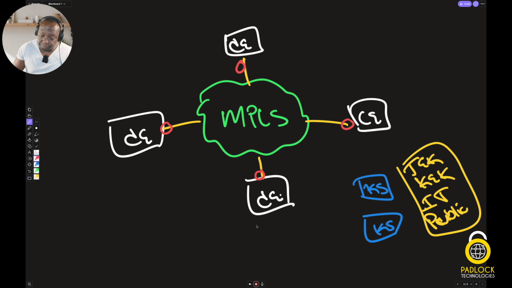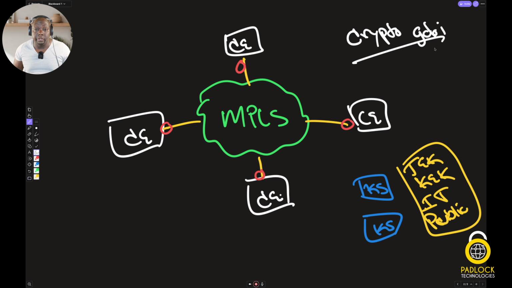So what ends up happening is that instead of crypto IPsec, it'll be crypto GDOI, right? That's going to be ultimately what you're configuring on each router. Then you need an identity number, an ID number, and then you need the address of the key servers, the KS, right?